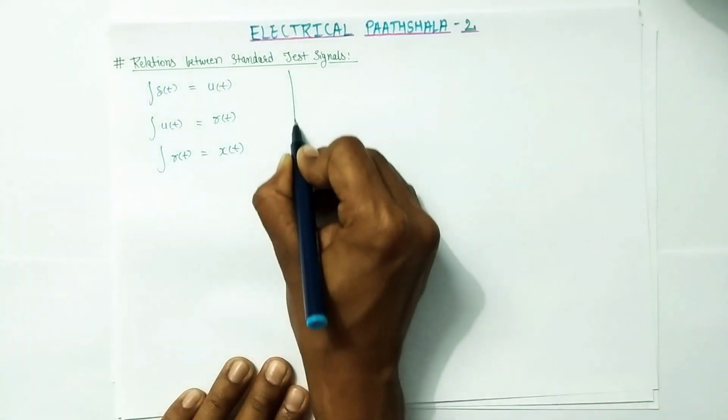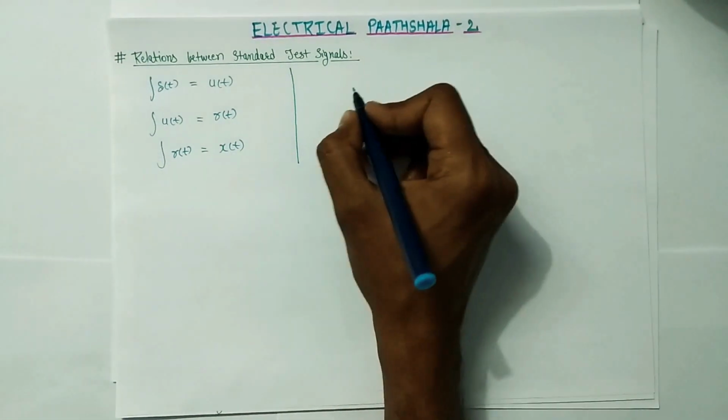Now we will see the relation in the form of differentiation.